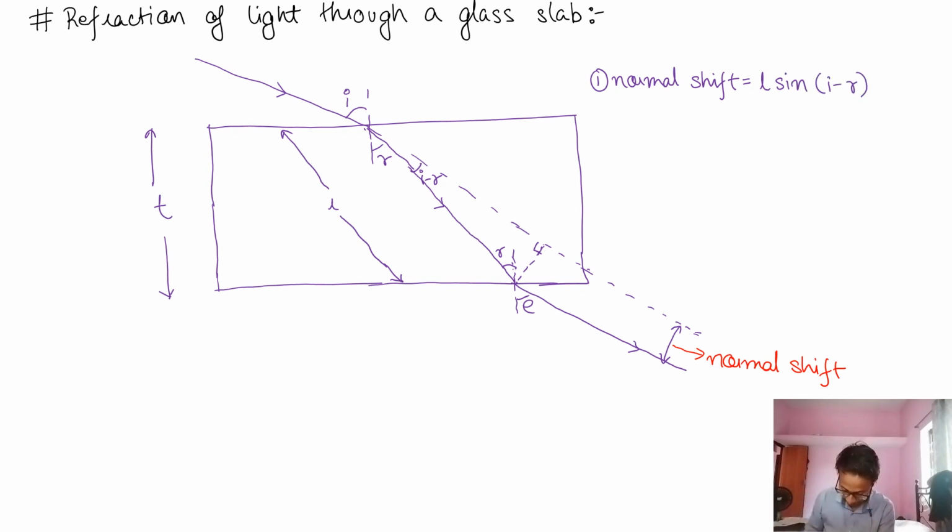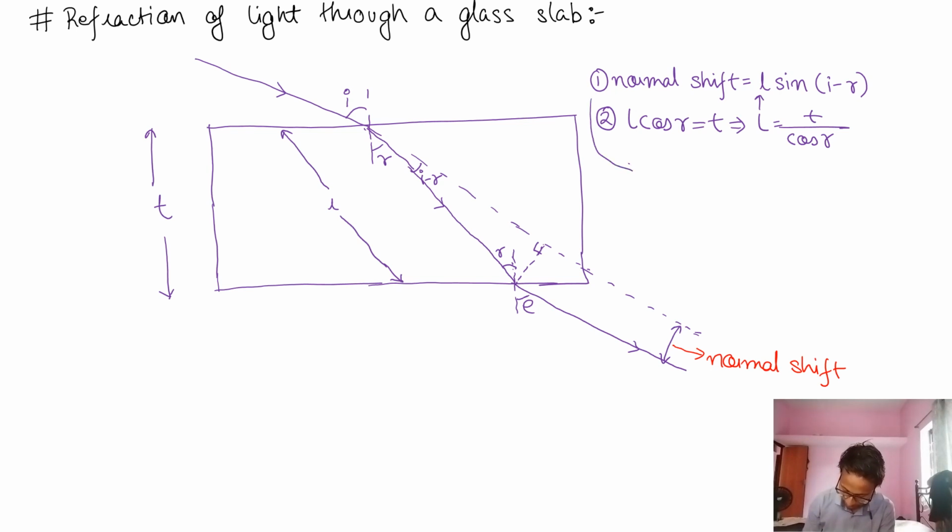Fine, but I still have a problem. The problem is I don't know the value of L. Can I say L cos R is equal to T? Because T will be given in the question, no? So L cos R is equal to T, or L is equal to T by cos R. If you substitute this L out here, what do we get?